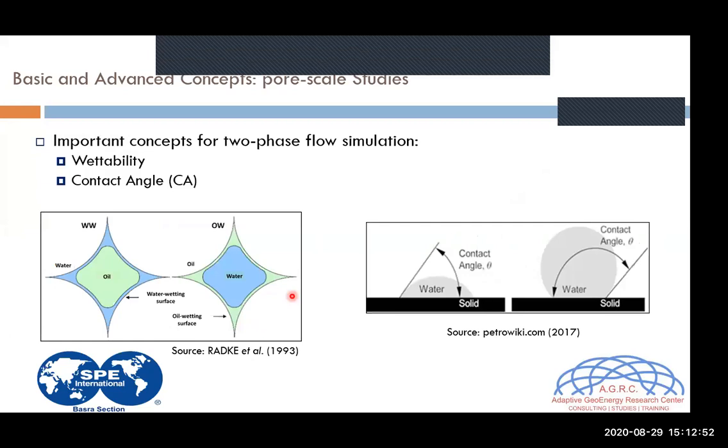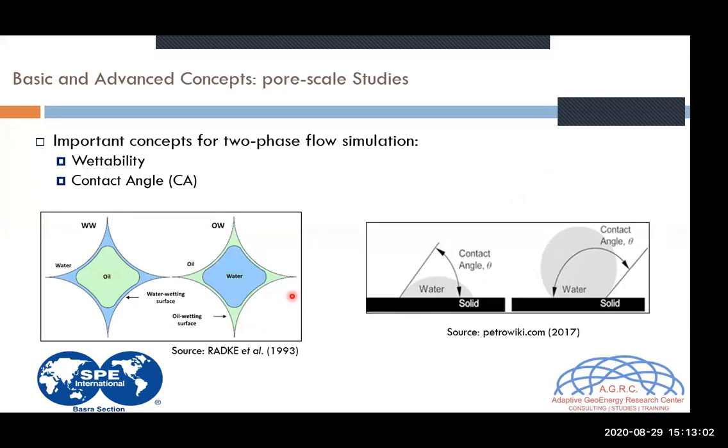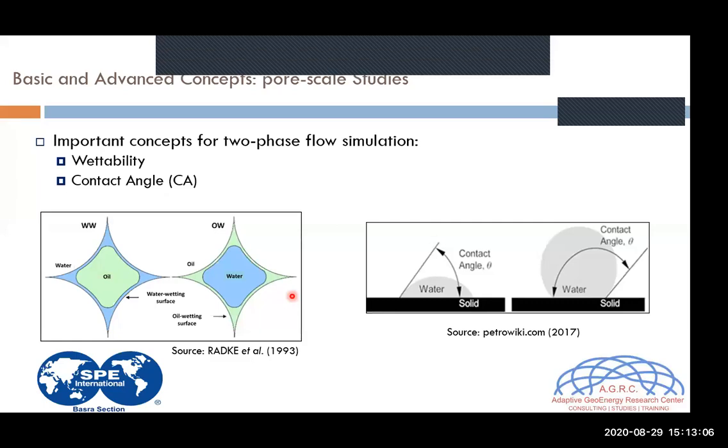Yeah, there are some possibilities. The first one, if you're talking about digital rock, we can change the wettability according to our understanding. But if you have a raw rock and a system where you are trying to understand the wettability, you can perform an averaging in your sample.